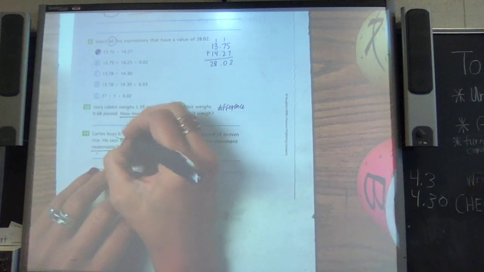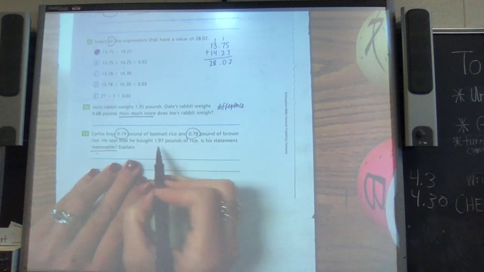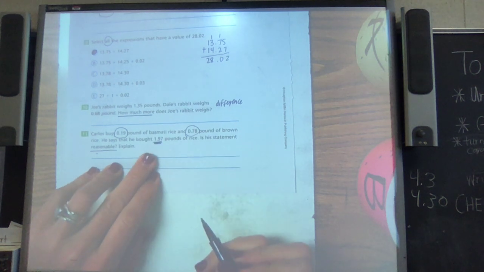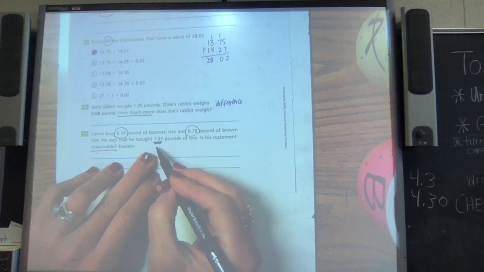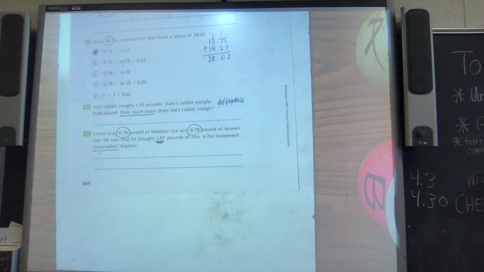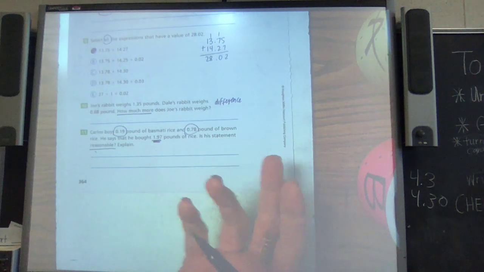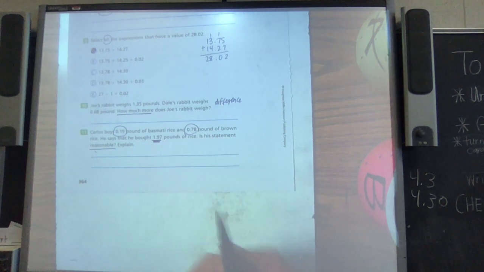So if he's got 19 hundredths and 78 hundredths, would it be reasonable to say that he has almost 2 pounds? When you add those together, is that going to give you something close to 2? I want you to write what you think. You could solve it to help you, but we can actually answer that without even solving, okay?